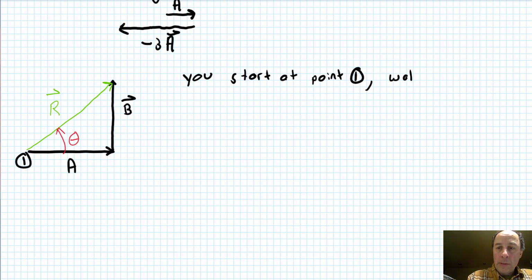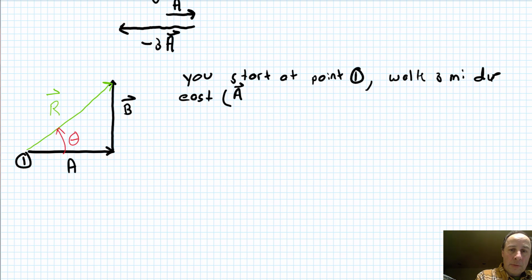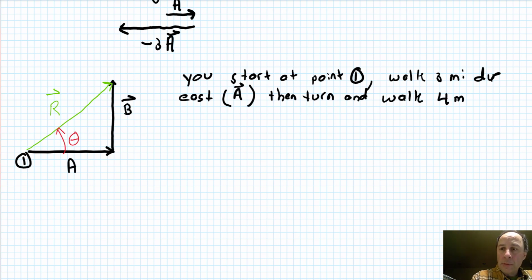Walk 3 miles due east, which is vector A. Then turn and walk 4 miles due north, which is vector B.